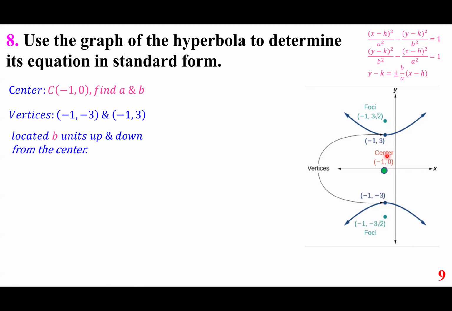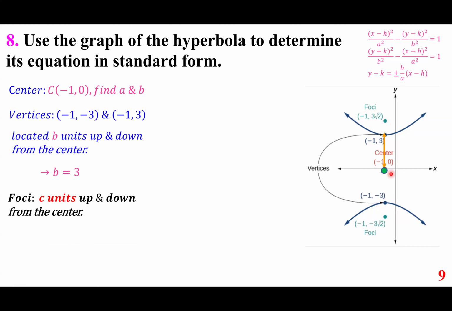So what is this distance? From 3 to 0, 3 units, or from 0 to negative 3. So the distance is 3 units. b equals 3. The foci are c units up and down from the center.